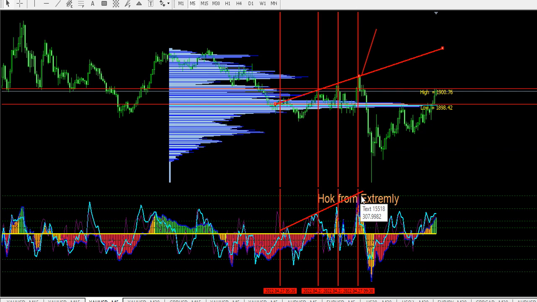So it will come back soon. That is why if you are buying you have to exit to take profit, but if you are selling you have to prepare to sell. Why? Because it is also the resistance, 1, 2, 3, 4, and the resistance at the top. So that is why the market will come back.